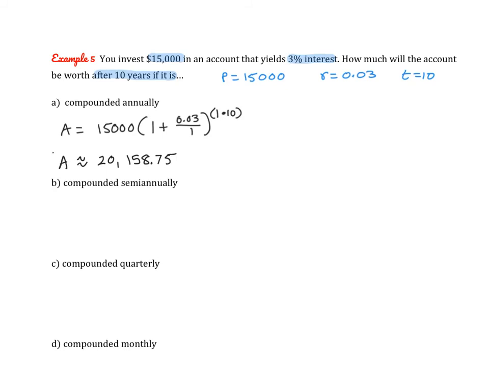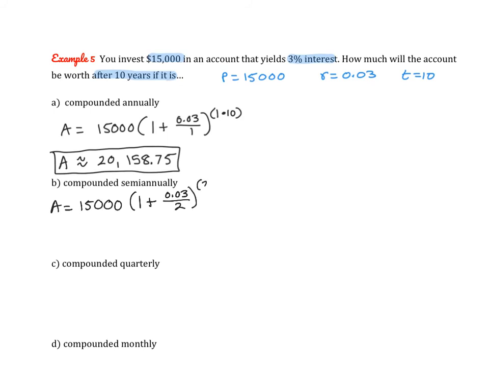All right, so let's see how that changes if we compound semi-annually, meaning twice per year. So everything's going to be the same except for n. So we still have 15,000 times (1 plus r over n). This time n is 2, to the power of 2 times 10. So let's plug this into our calculator real quick.